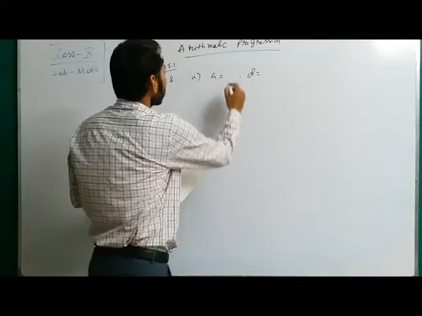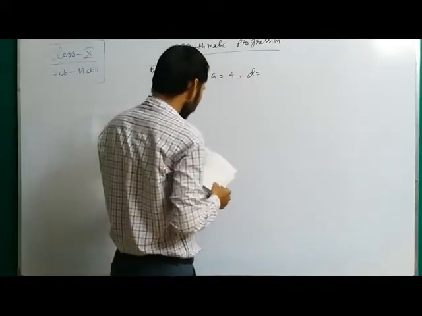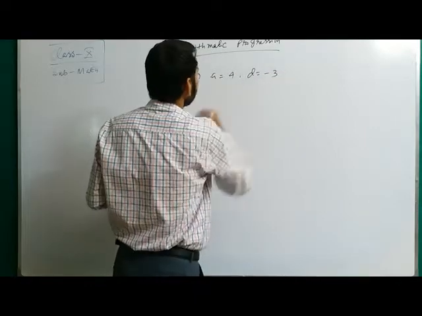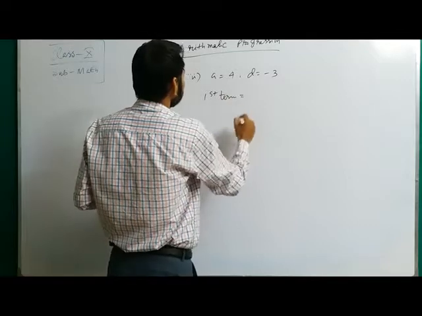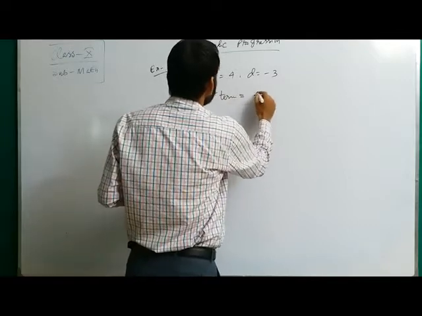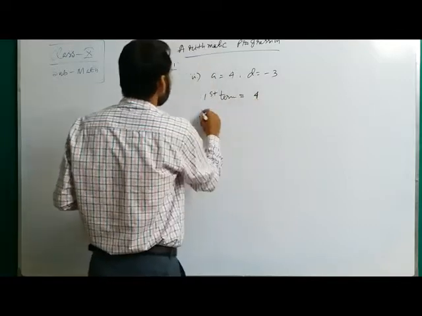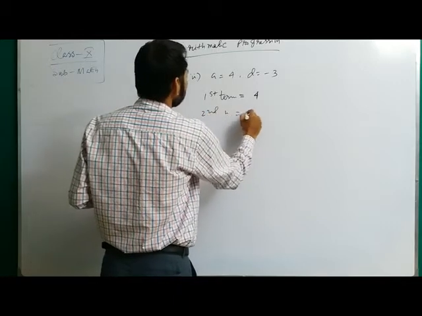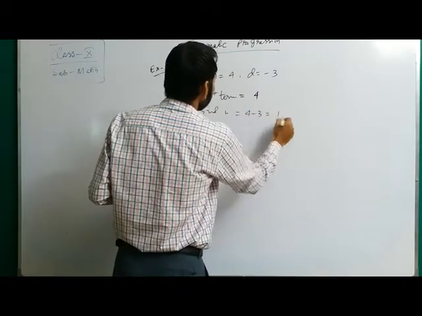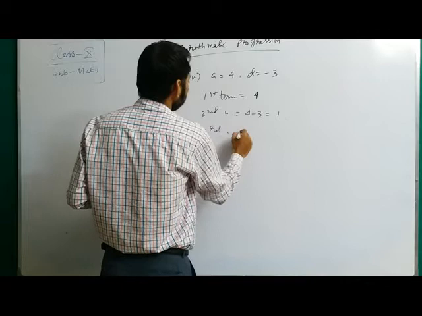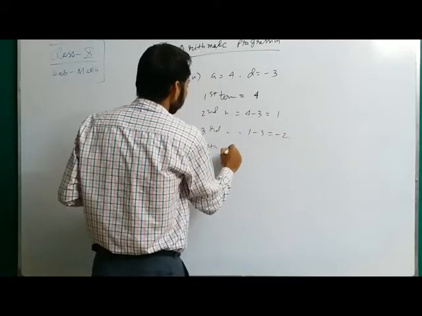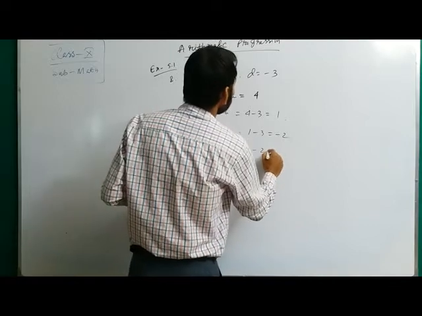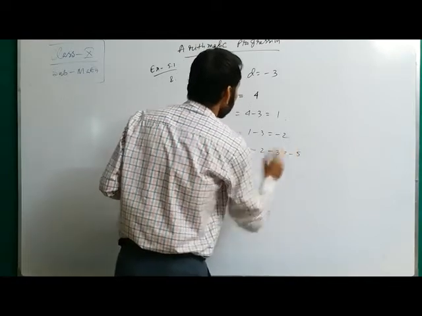Here A is given as 4 and D is given as minus 3. So the first term is 4, second term 4 minus 3, that means 1, third term 1 minus 3, that means minus 2, fourth term minus 2 minus 3, that means minus 5.